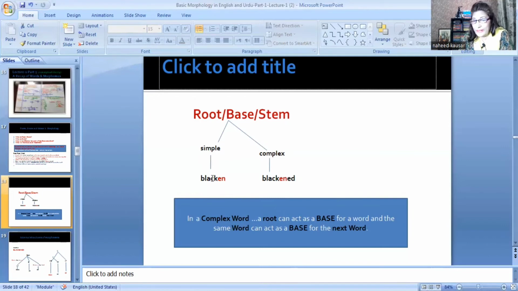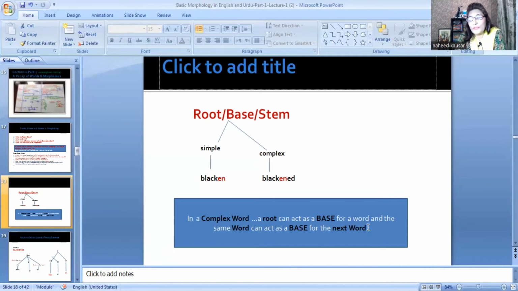It acted as a base to make the word blacken. And the same word blacken can act as a base for the next word. And in this example, the next word is blackened.